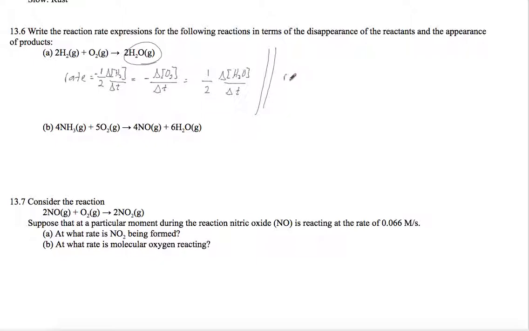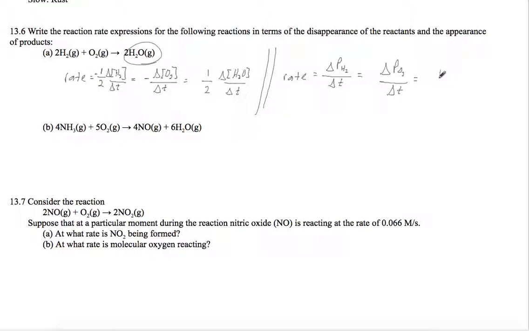So we'd say rate is equal to the change in pressure of hydrogen gas over change in time. That equals, again, then the change in pressure of oxygen over change in time. I'm going to go back and fix some things here.